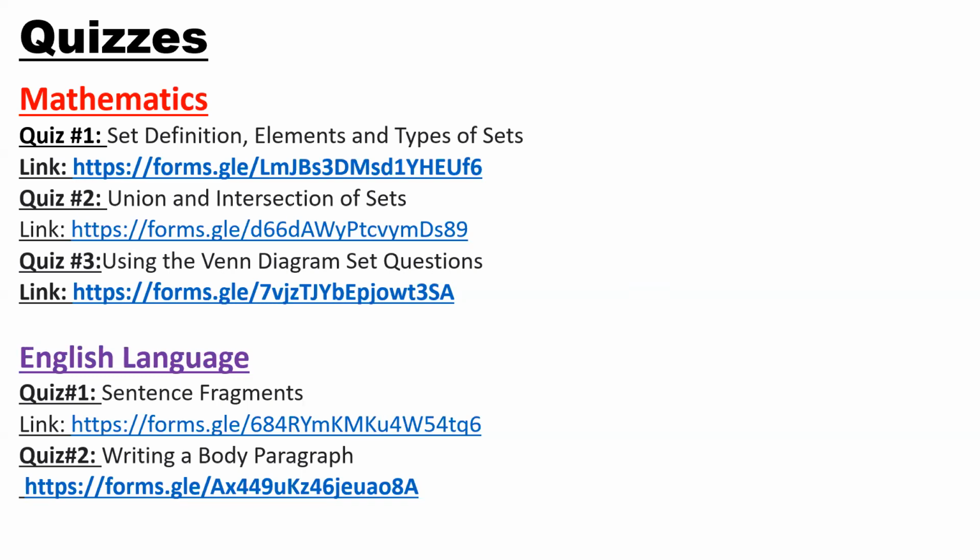Most persons, if not everyone, are doing math and English. So what that means is I want you to take the math and English quiz. And when I calculate the term grade and show it to your parents, I will be using these grades. So make sure you take your time and do these quizzes, all right? Take your time and do them.